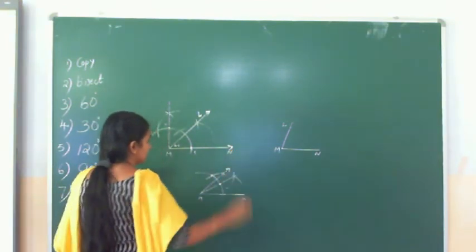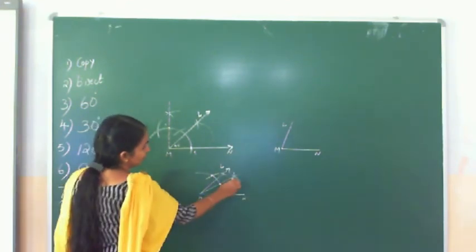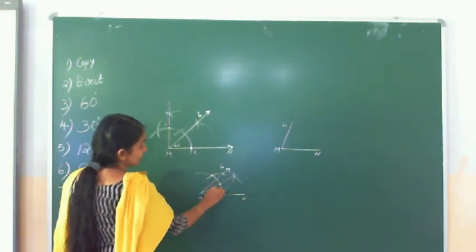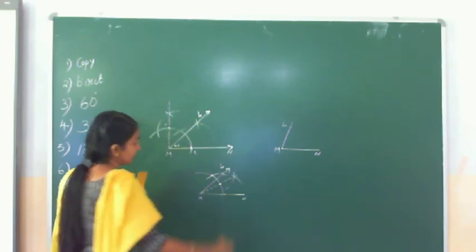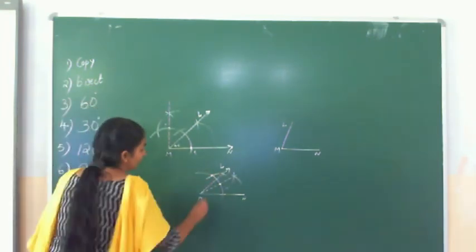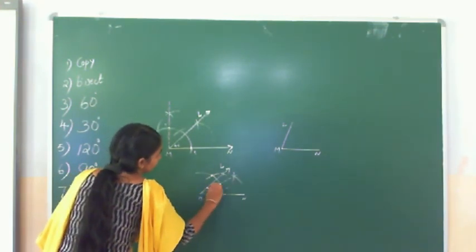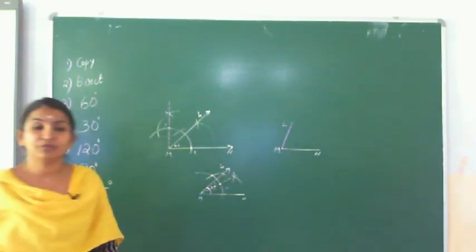This point, this one is L. The same way as I told, if you want, you can make this one as the dotted one. I just forgot about that, just to draw the dotted one. So here we got the required 45 degree.